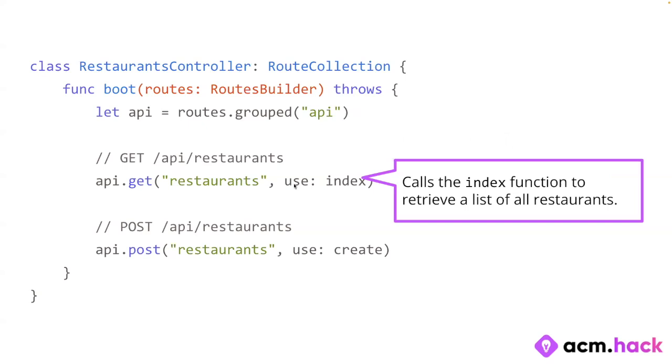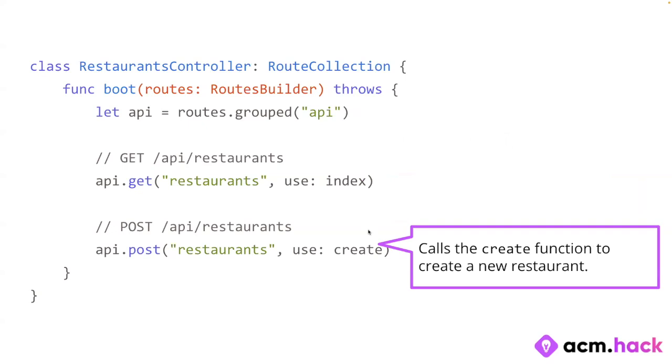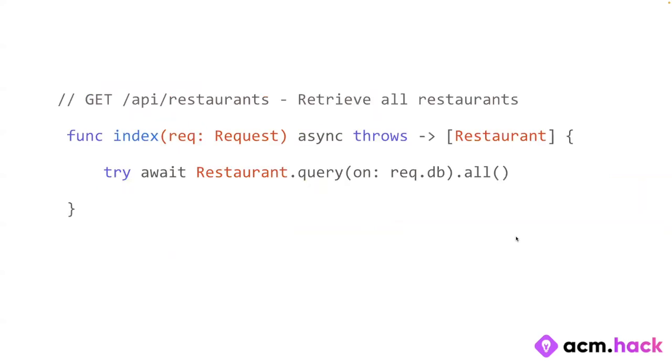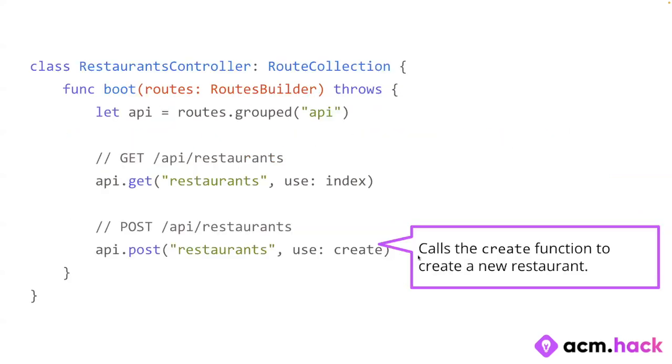This route calls the index function to retrieve a list of all restaurants. And this line with the create function calls create to create a new restaurant. Pretty self-explanatory. So we're ready to define these two functions that we've been using, assuming that they work, but we have to actually write them ourselves.